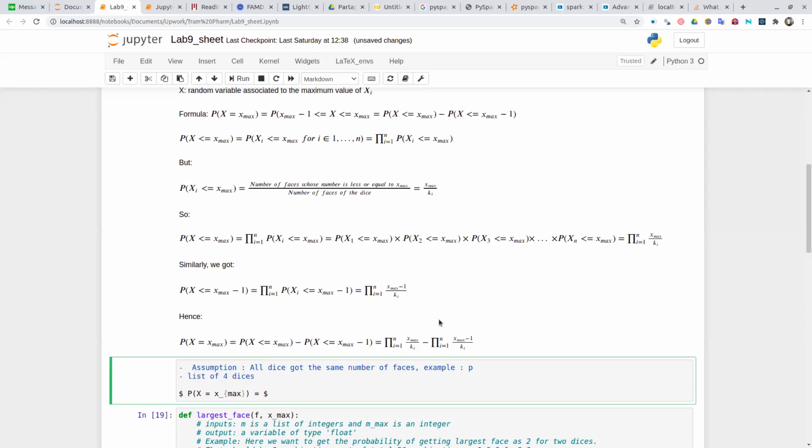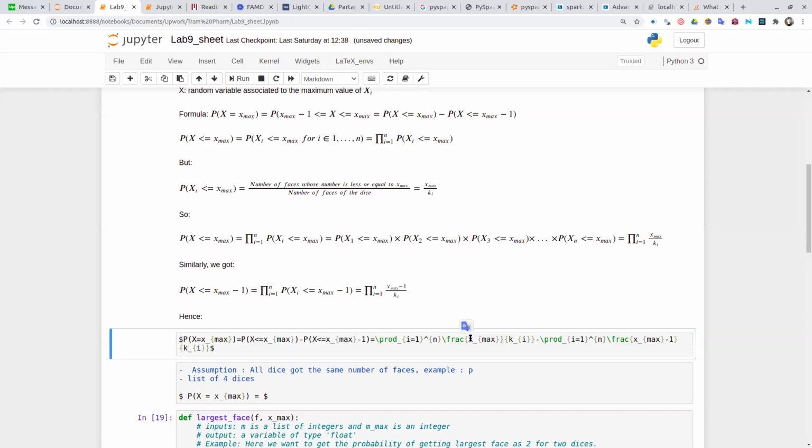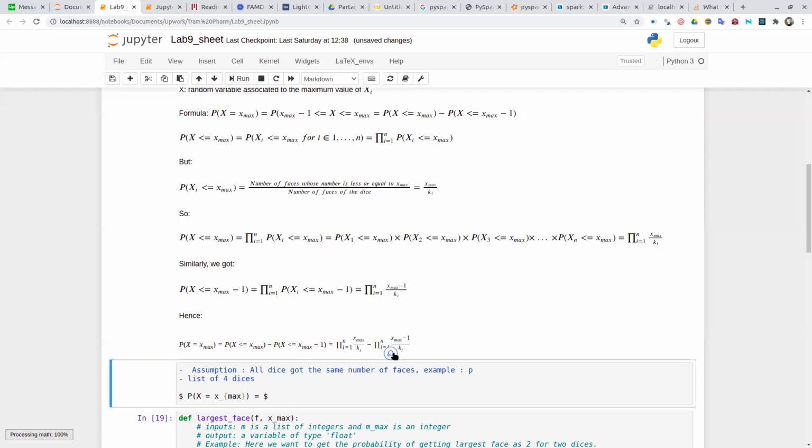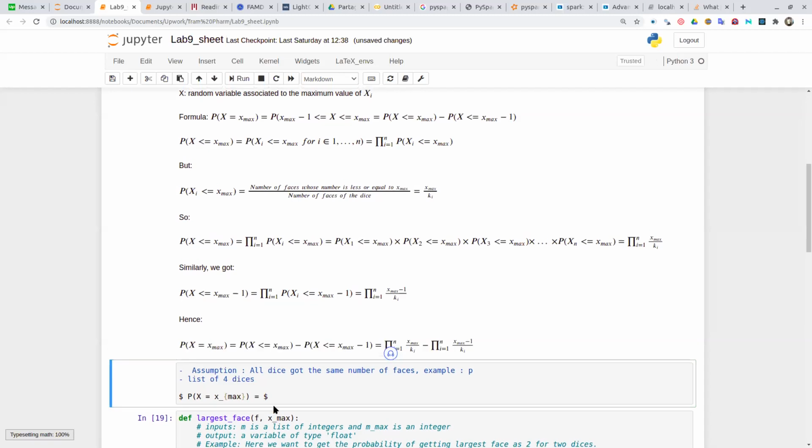We need that product. This one is the product from 1 to n of our x max.